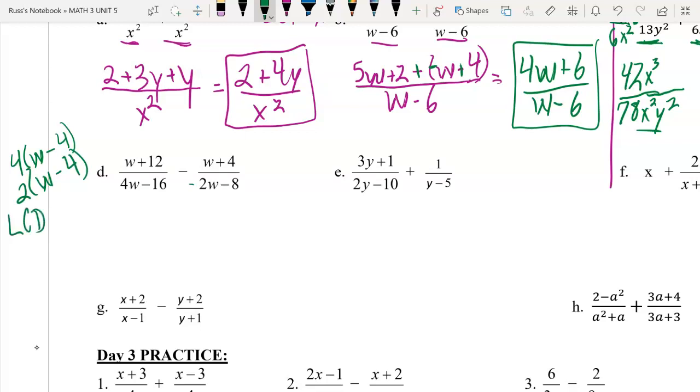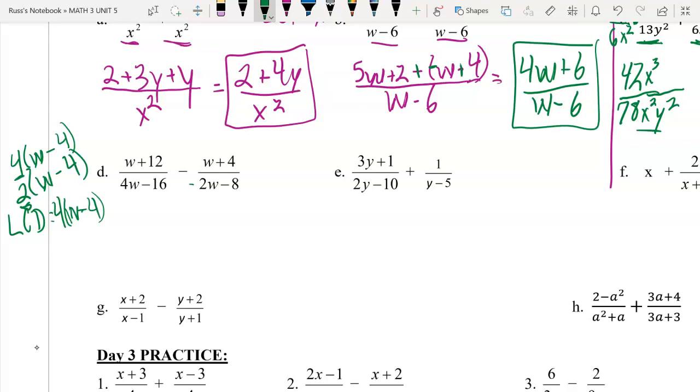So the least common denominator, well, w minus 4 is in both, so clearly that has to be a part, but it's already there. Well, look, this is 4, this is 2. So the least common denominator can only be as small as the biggest number. So 4 times w minus 4 is what I would need.